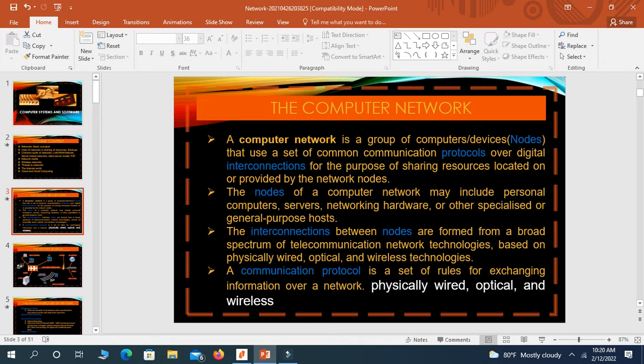Next up, we have the nodes of a computer network. A network may include personal computers, servers, networking hardware, or other specialized general purpose hosts. We all are familiar with computers. Servers we might have heard. If you haven't, don't worry.